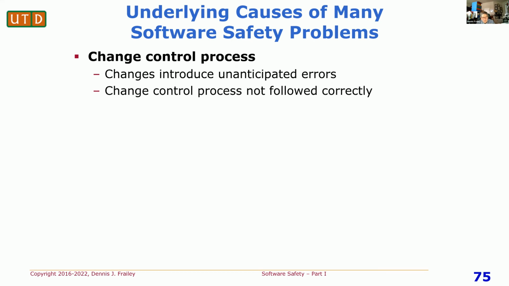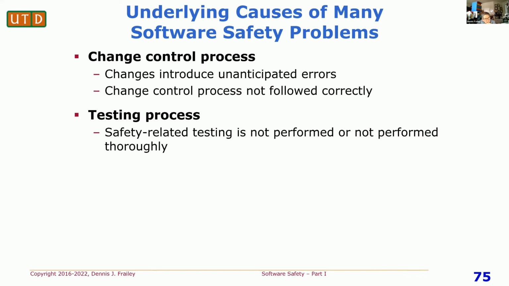For example, you change something in the software may mean that you have to change the way you test the software. The testing process, often safety-related testing, is not performed at all, or not performed thoroughly, or not really tied into all the rest of the development.